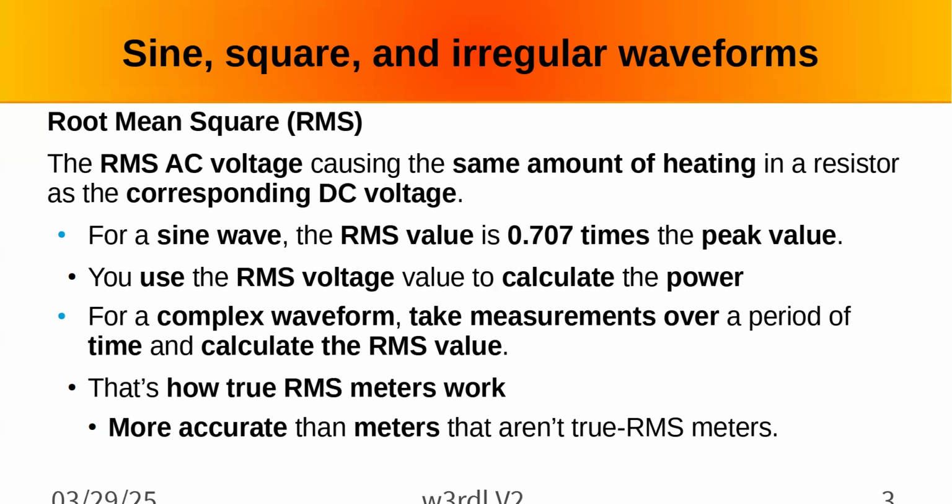That's why they cost more. They call it true RMS. The only other way to do it is measure the heat, because by definition, it's the equivalent heat of a DC voltage across a known resistance. But I don't know any of them that work that way.